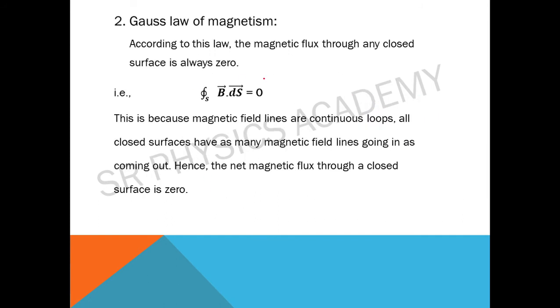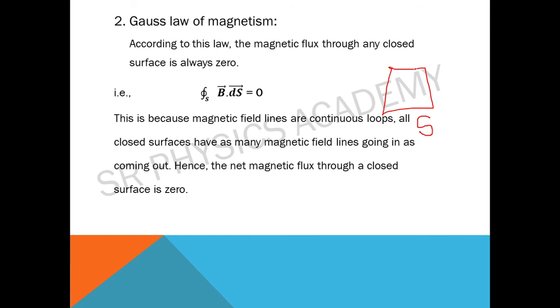Gauss law of magnetism. According to this law, the magnetic flux through any closed surface is always zero. That is, integral of B dot ds is equal to 0. For example, let us take a closed surface S and there is a magnetic field passing through it.